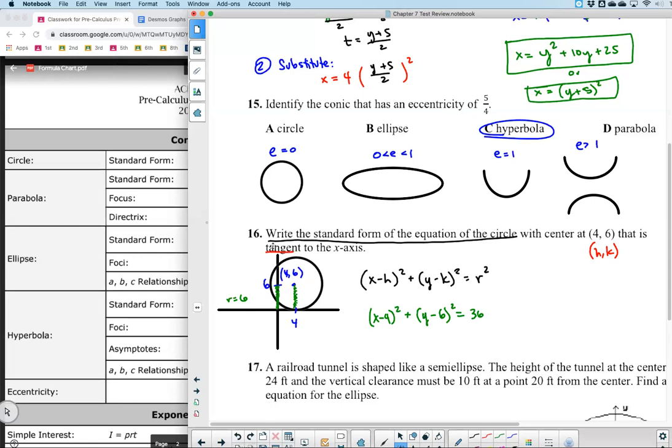So the y-axis would be a secant line. That's a good note to have. The y-axis is a secant line. That means it crosses through twice. The x-axis is a tangent line. It means it only touches it one time, not more than once, just one little spot.